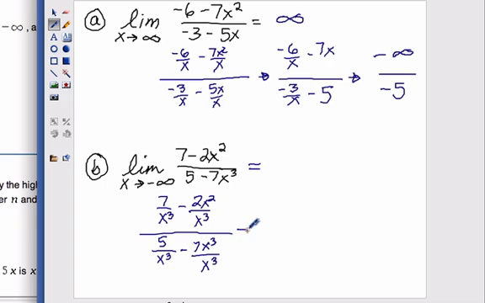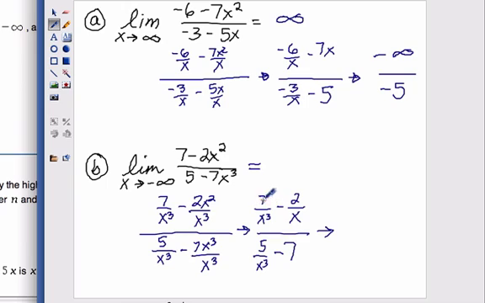Okay, and so let's simplify that. So we have 7 over x to the third minus 2 over x, over, let's see, 5 over x to the third minus 7.